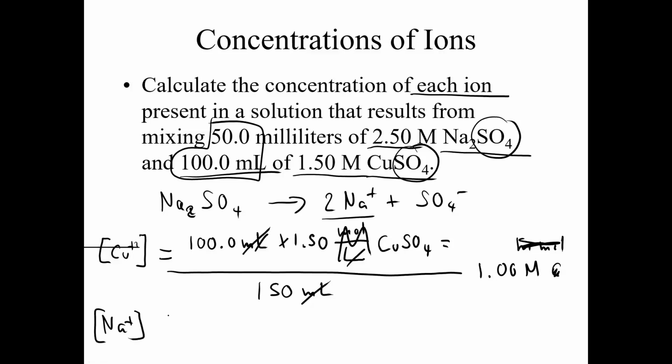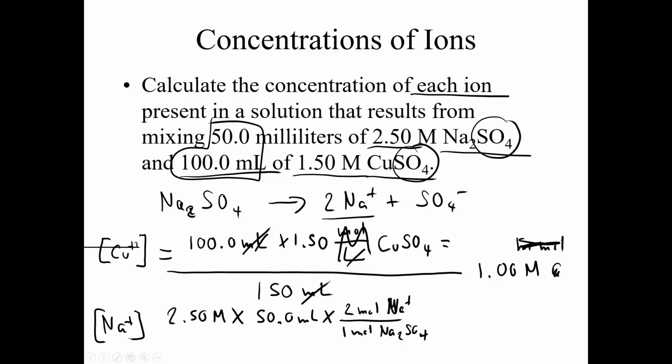So we have 2.50 M times 50.0 milliliters. But we have times, there are 2 moles of Na+ for every 1 mole of Na2SO4.